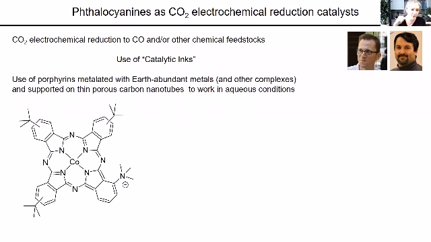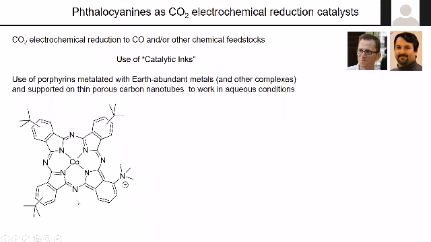And the most important is that thanks to this positive charge, we have the possibility that it interacts with the doublet of electrons on the oxygen of the carbon dioxide, and it is going to maintain the CO2 molecule close to this catalytic center.